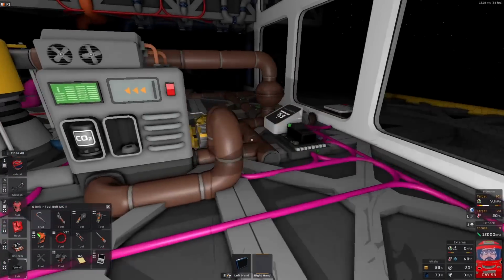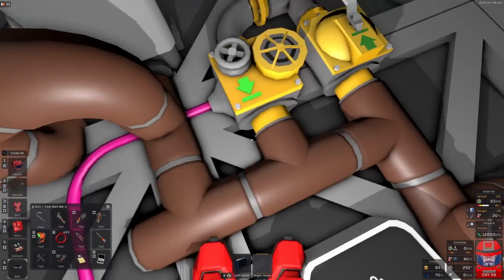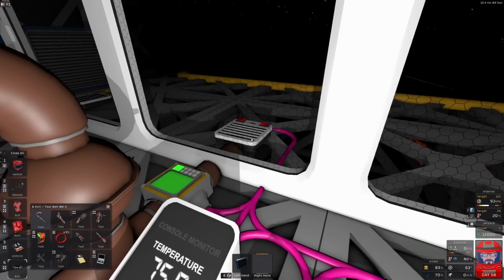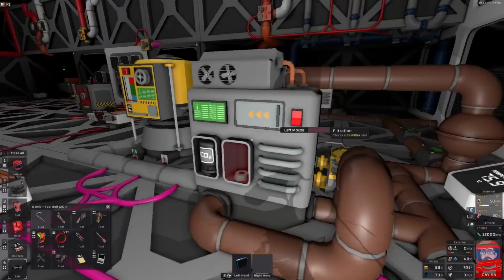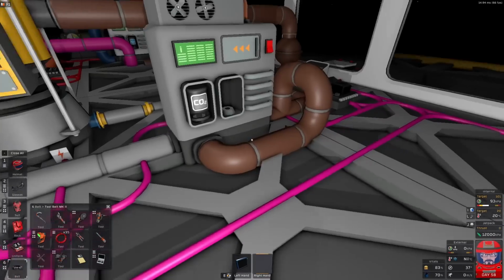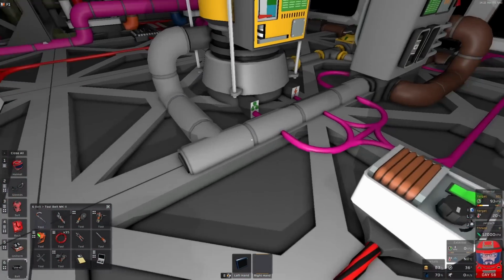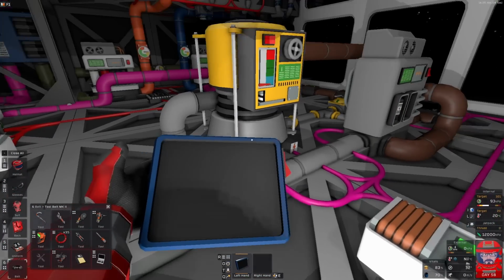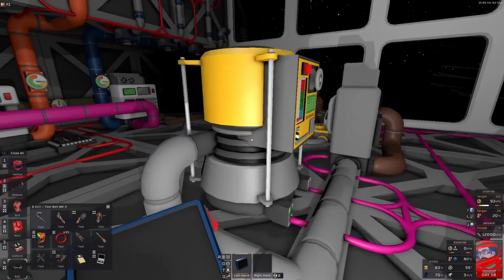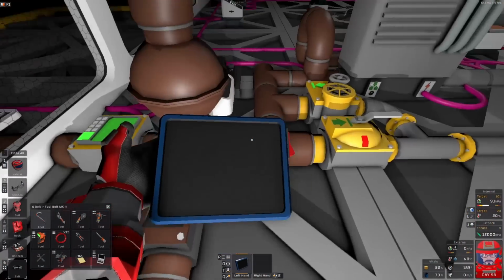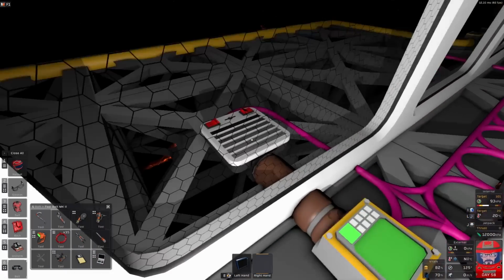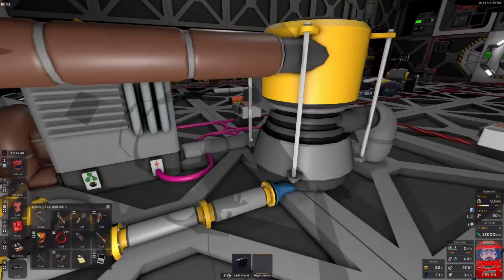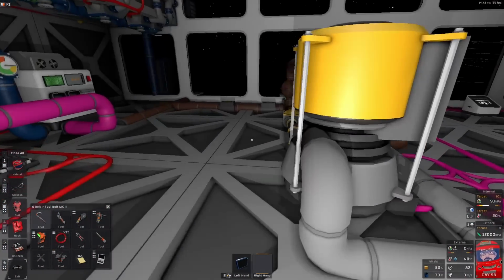I have put in, so the brown pipe is essentially our outside gas that is coming directly from the vent. I have connected up a carbon dioxide filter, which will filter out into the grey pipe here, which is currently empty. Now that is coming directly from the pressurised line here, so it'll just allow us to process our CO2 a bit quicker.